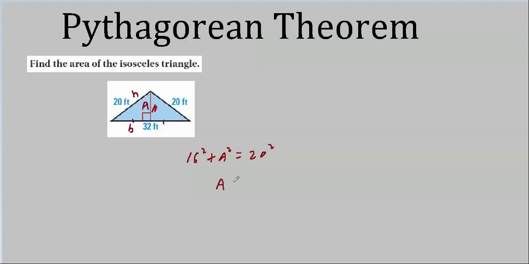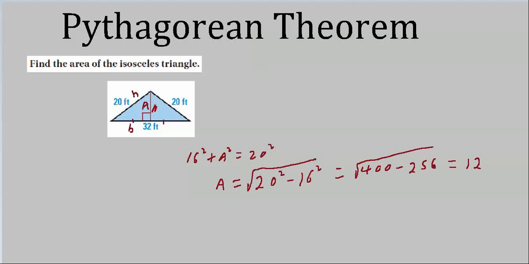So in the end, we're going to have to take the square root of this stuff. That's what a equals. And so with Pythagoras' theorem, we can lay this out and get that a equals 12.